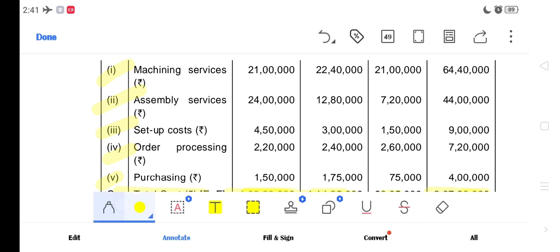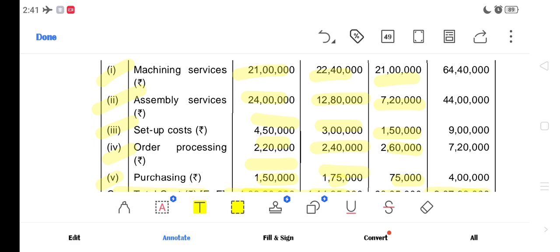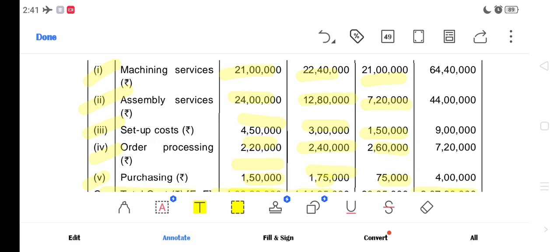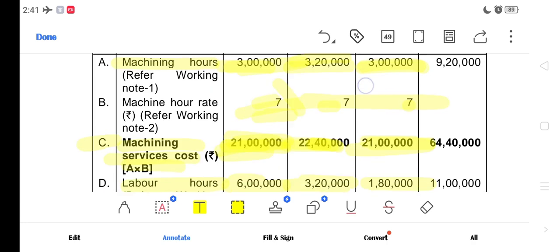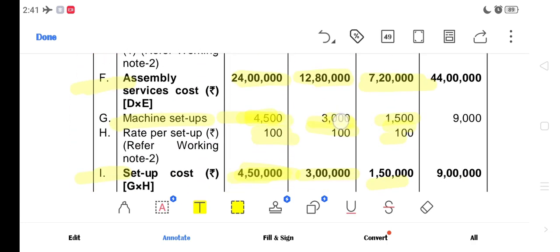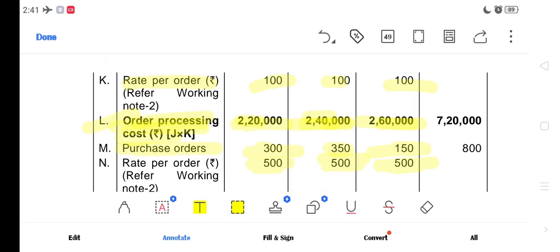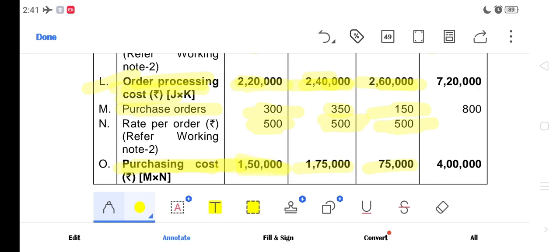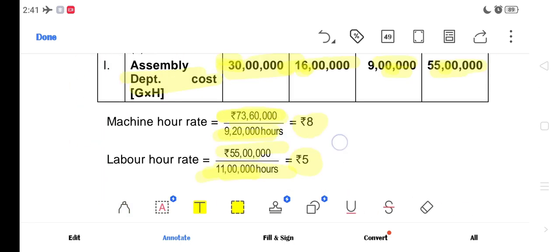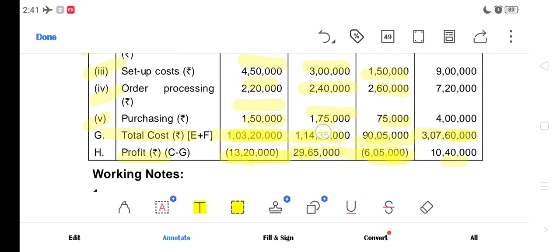So we are just going to put in the highlighted ones we saw. Remember these numbers: 21 lakh 24, 4 lakh 50, 2 lakh 20 and 1 lakh 50. So they are just going to put these highlighted ones in this table.